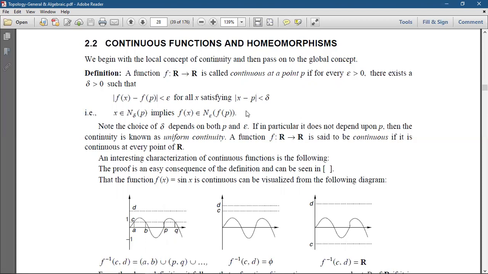That is, x belongs to the delta neighborhood of p implies f(x) belongs to the epsilon neighborhood of f(p).